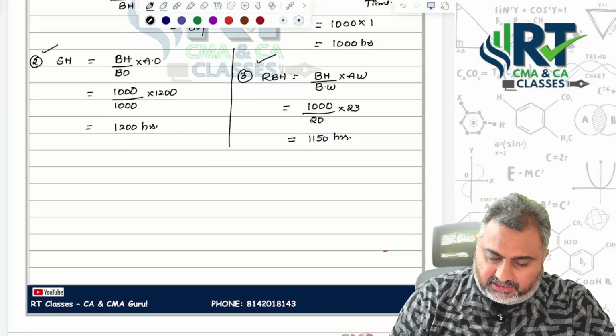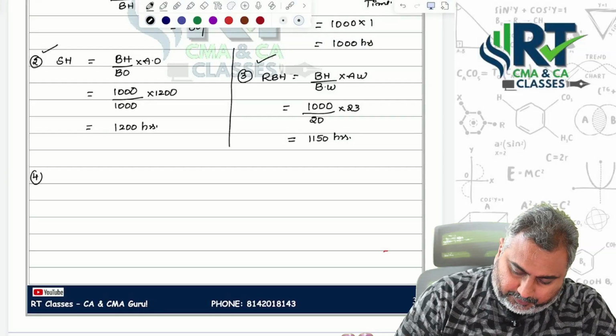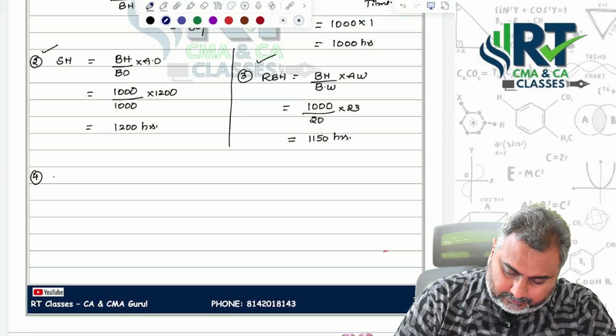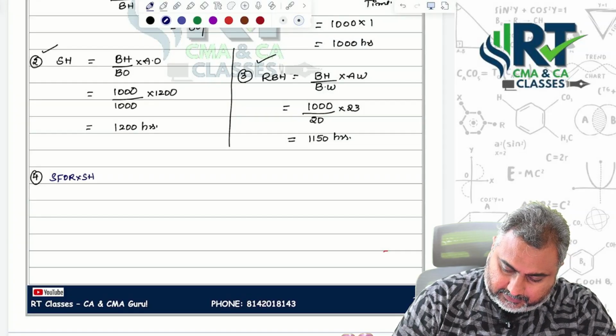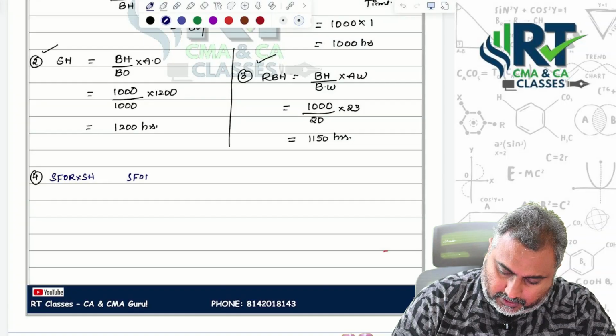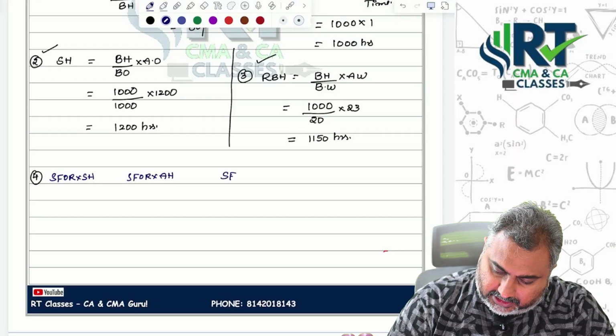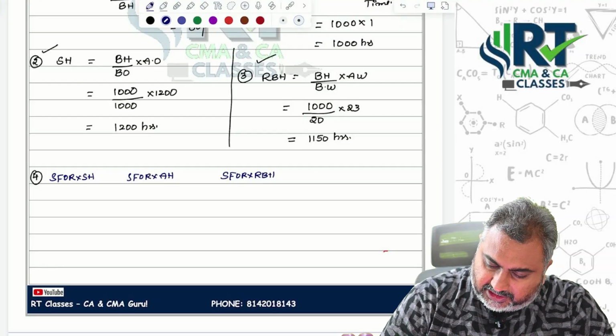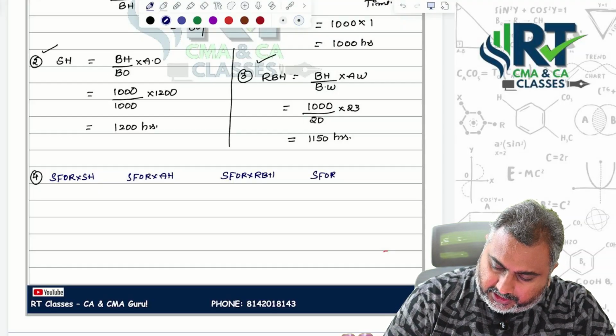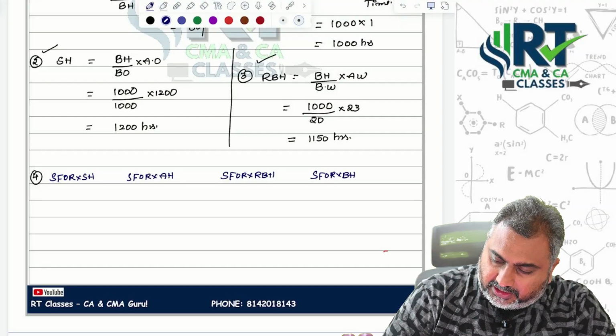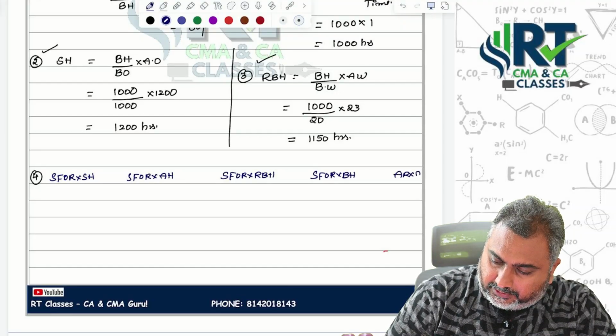Then the next step is fill in the blanks. Easy enough. Fourth step. What is the computation? SFOR into SH, SFOR into AH, then SFOR into RBH, then SFOR into BH, finally AR into AH.